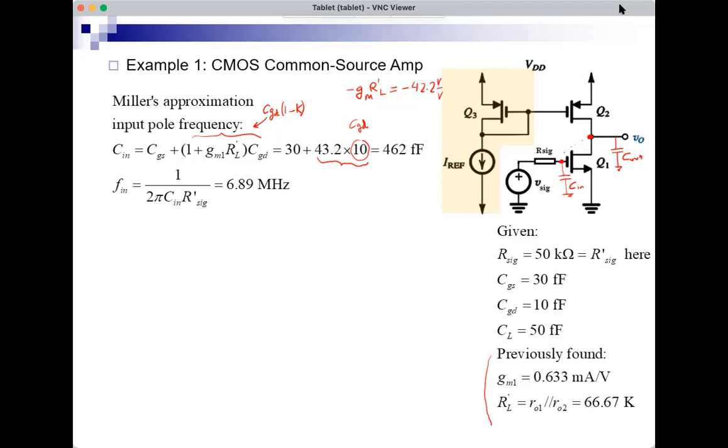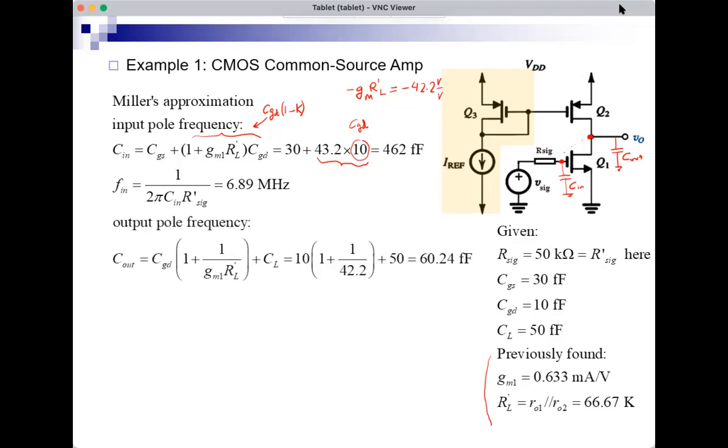There is another one at the output. And at the output, the Cout is CL plus CGD times (1 minus 1 over K). This expression is 1 minus 1 over K from Miller's theorem. And K is minus gm R prime L. So I get CGD times (1 plus 1 over gm R prime L) plus CL. And that's 10 times (1 plus 1 over 42.2).